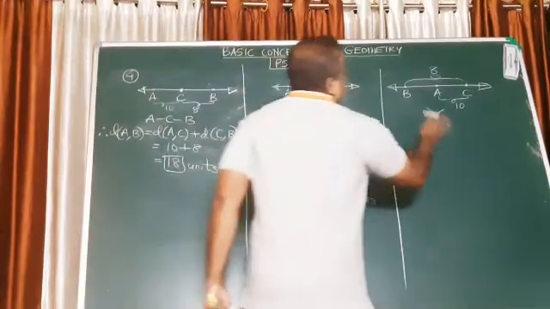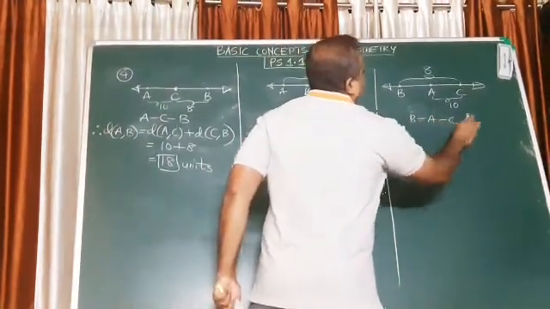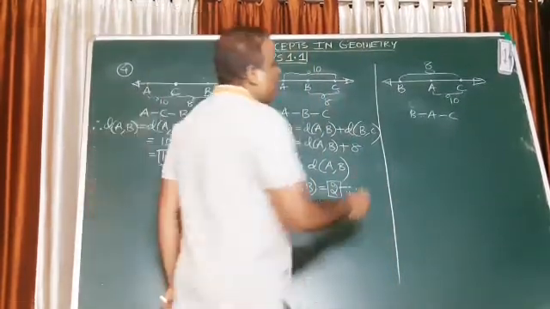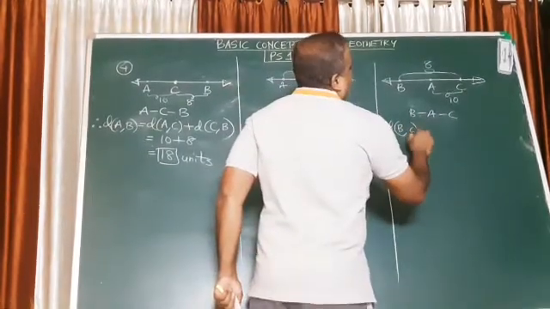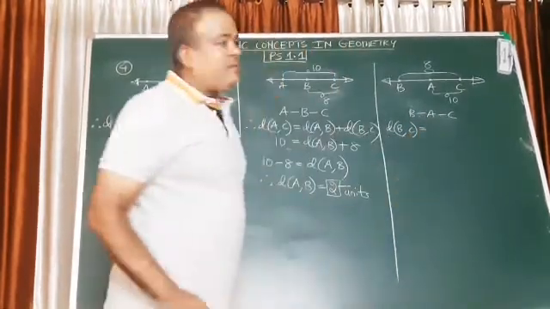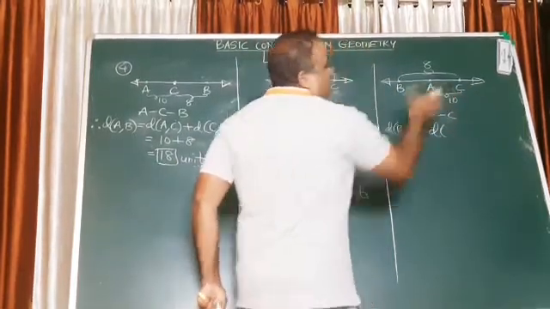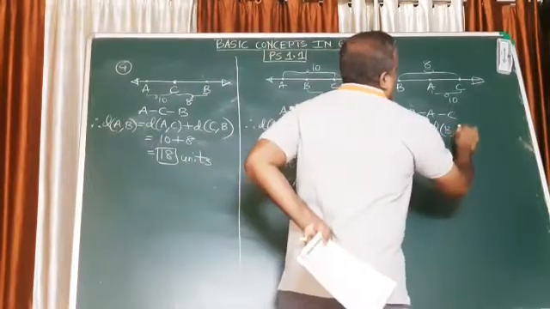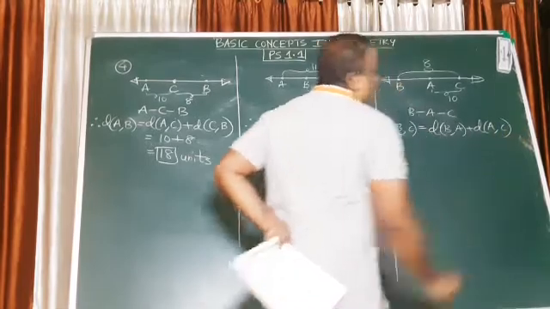Can I do that sum? Let's try. I got B dash A dash C. Looking at it only you can make out it is not possible. So if I say the distance B and C, the full distance BC will be BA plus AC, right?